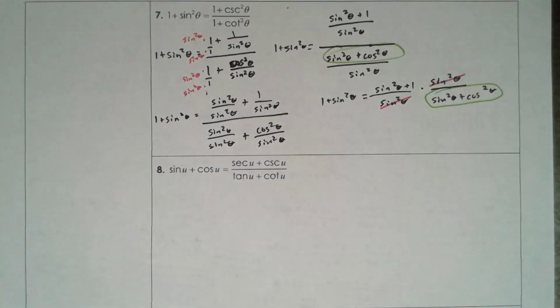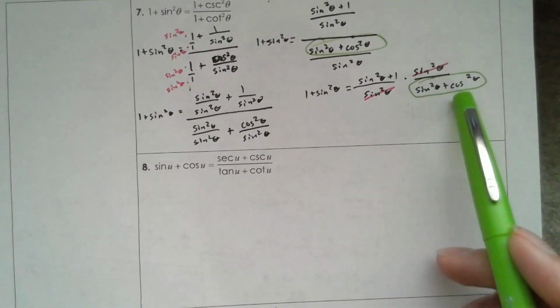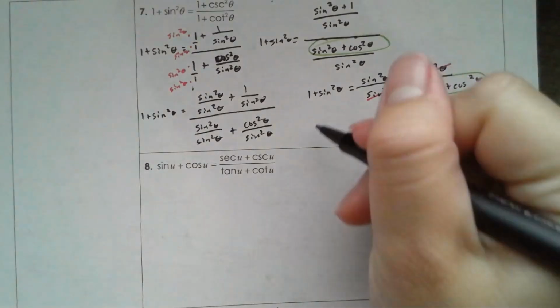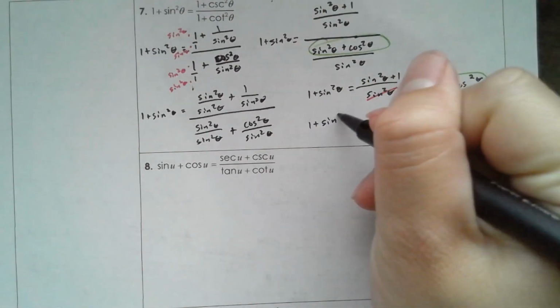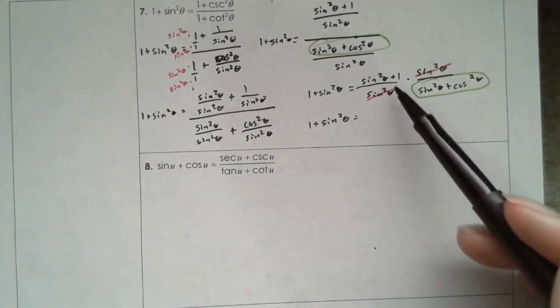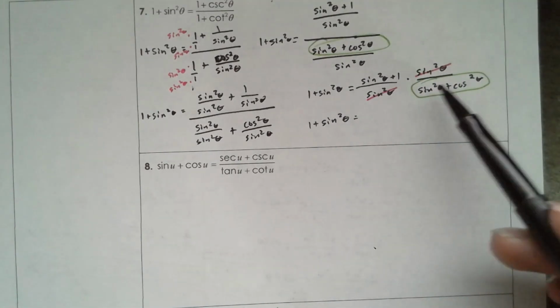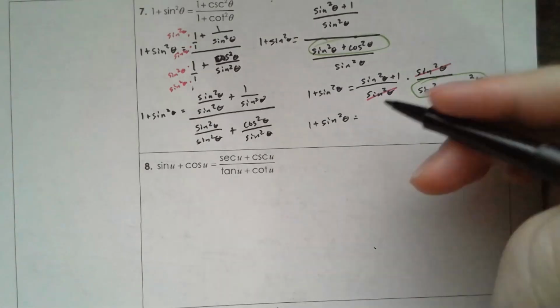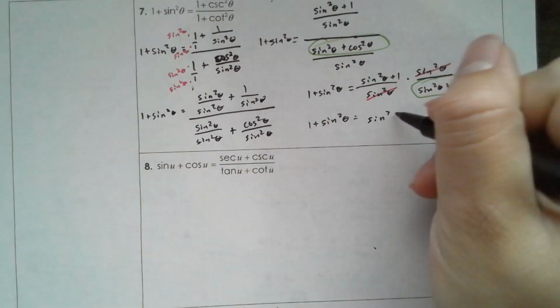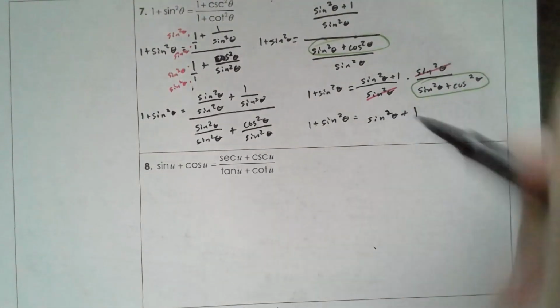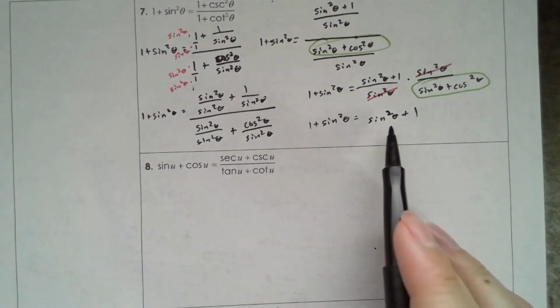So then it's just 1 here. 1 plus sine squared theta is equal to, well then these guys canceled. It'll be this times 1, right? Which is just that then. Sine squared theta plus 1. Okay, and yes, these are the same. A plus b is the same thing as b plus a. The order here doesn't change, so these are the same.